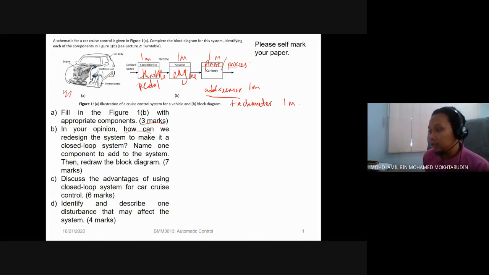And then lastly, redraw the block diagram to make it a closed loop. Basically, for the redrawn block diagram, you can just add a feedback to the original block diagram. Before that, you need to have this circle, the summing junction. This is the desired speed.